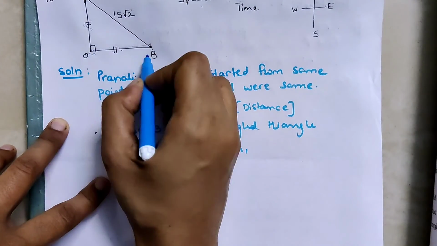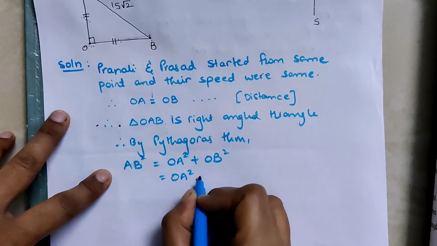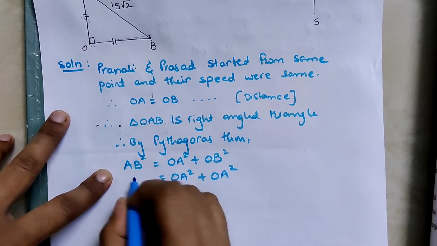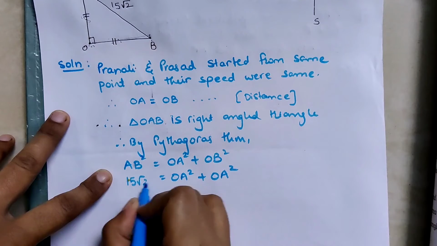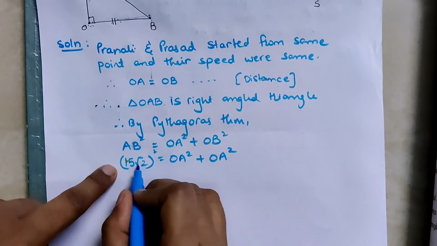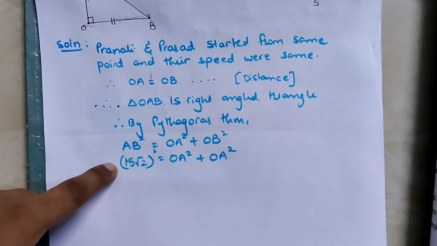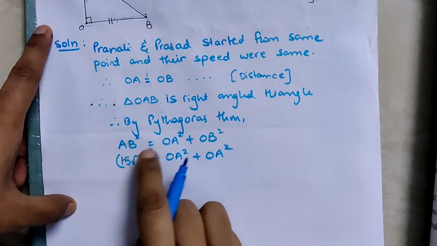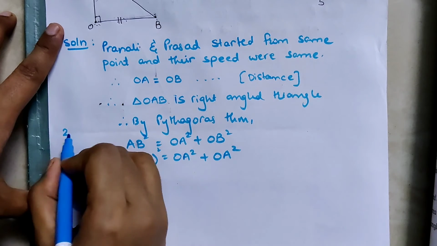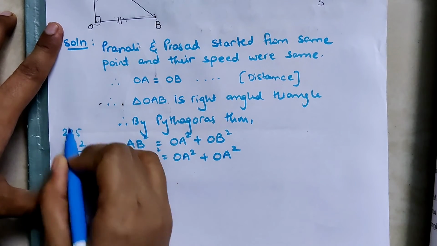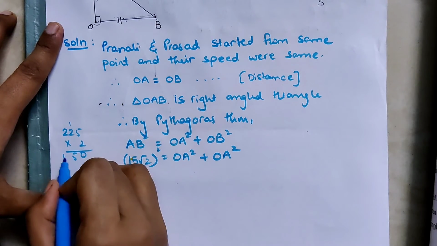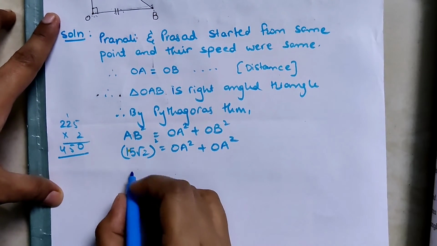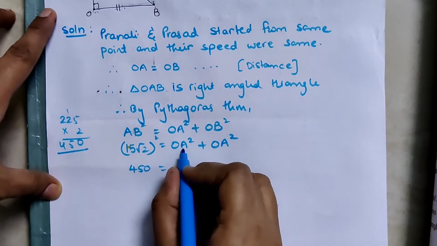But since both the sides are same, we are going to write OA square plus OA square. AB is 15 root 2 the whole square. Now what is the square of 15? The square of 15 is 225. The square of root 2 is 2. So 225 and 2 when we multiply it is somewhat 450, right? So this will become 450 is equal to 2 OA square.